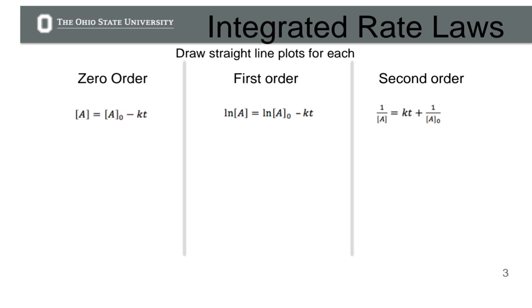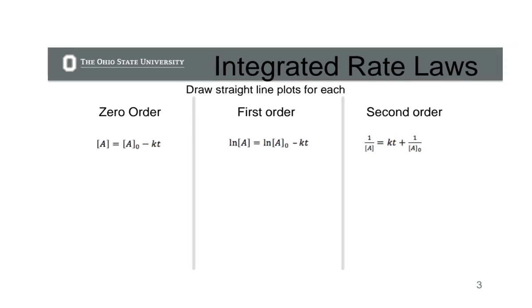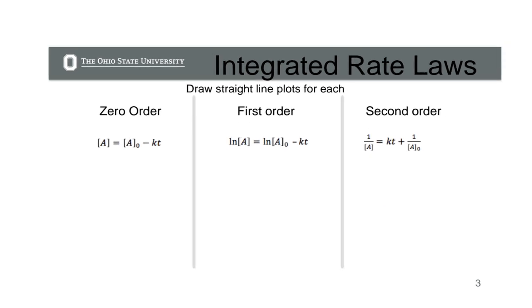One of the reasons why integrated rate law expressions are useful is that they're all in the form of y equals mx plus b. So we can make straight line plots for each of these, but I first want to write out y equals mx plus b on each of these so you can see what factors go where.